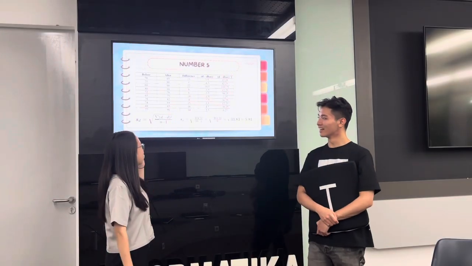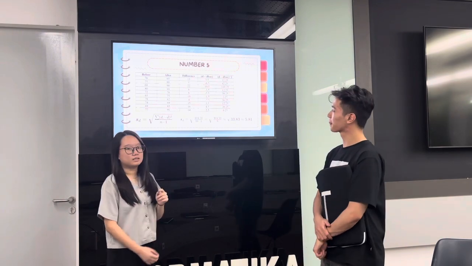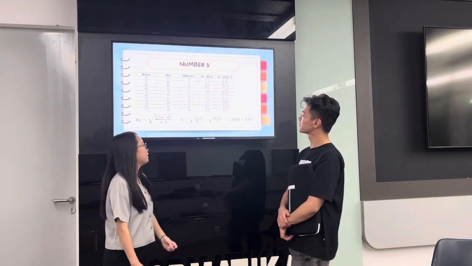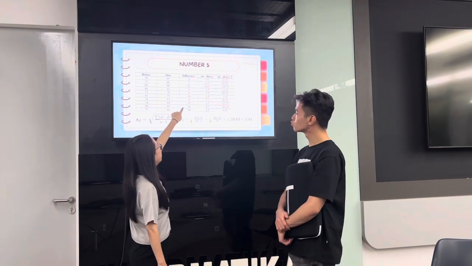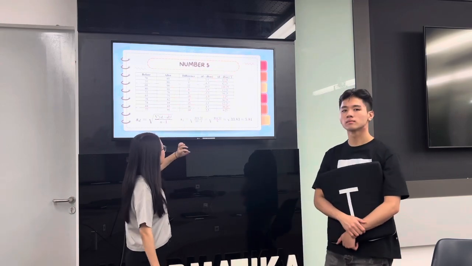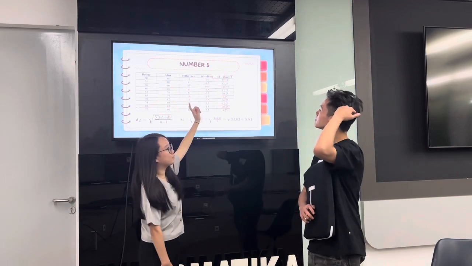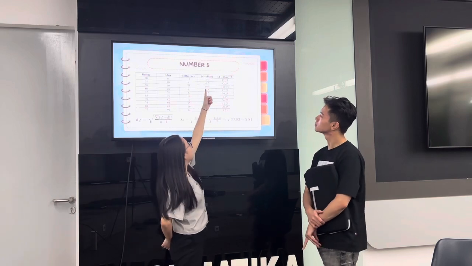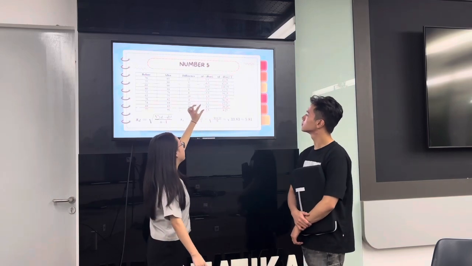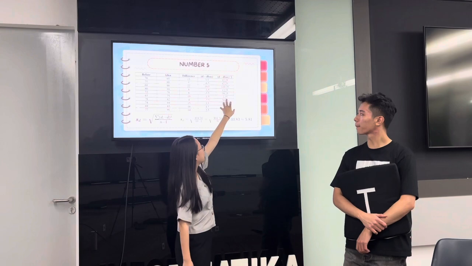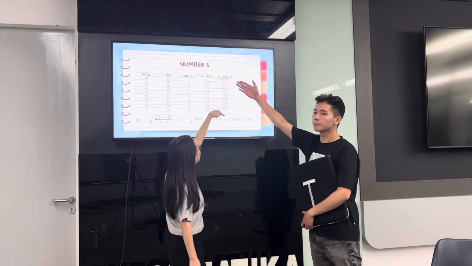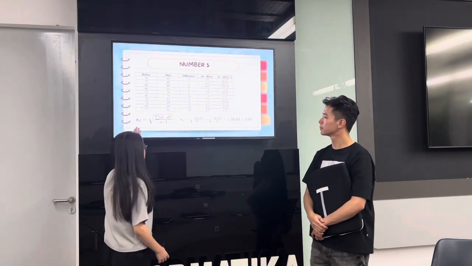After we get the D bar is 11.5, we calculate D minus D bar. For example, 15 minus 11.5, and we get 3.5. After that, we square this column, and then we sum this all to calculate the standard deviation.